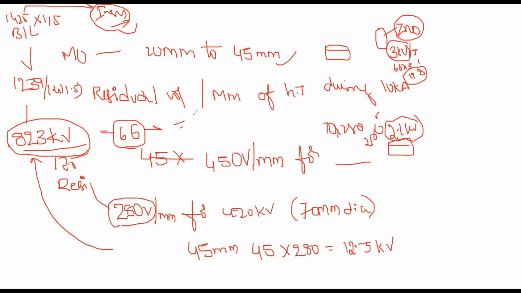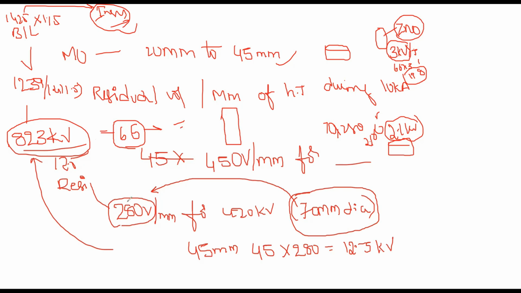For example, just repeating, the residual voltage is the voltage. I am selecting the ZnO, the diameter of my metal oxide. Suppose I am selecting 70 mm dia of my metal oxide block, then it can handle 280 volts per mm. But my required one is 823.